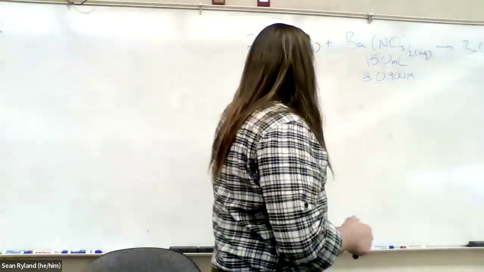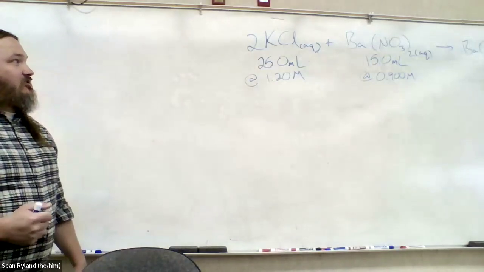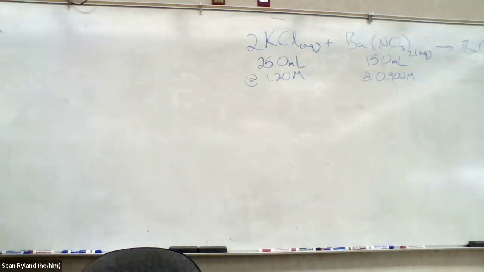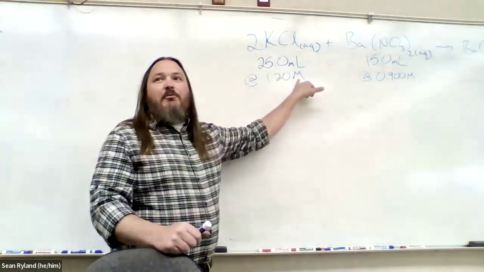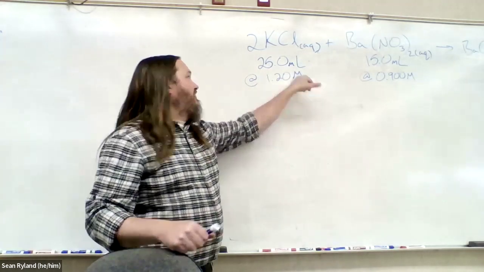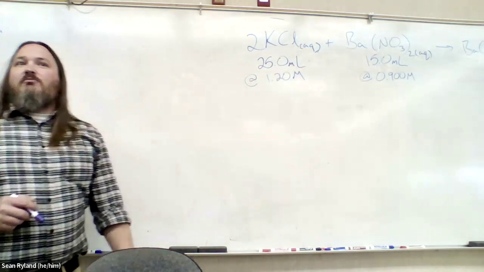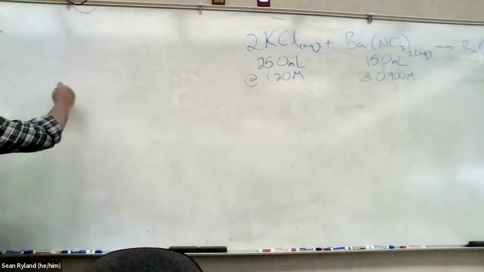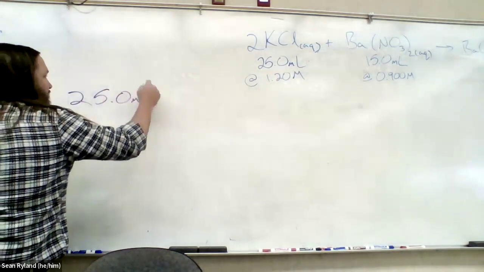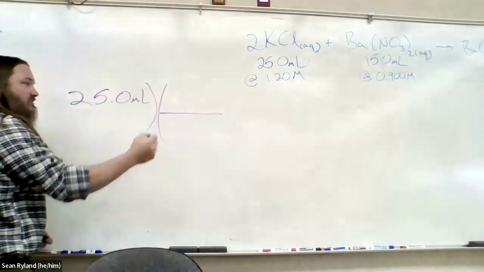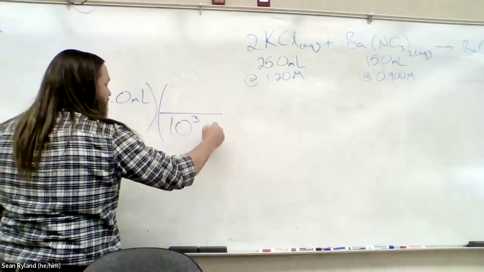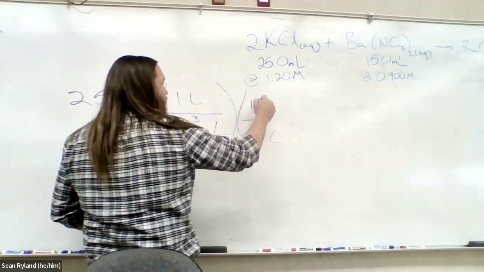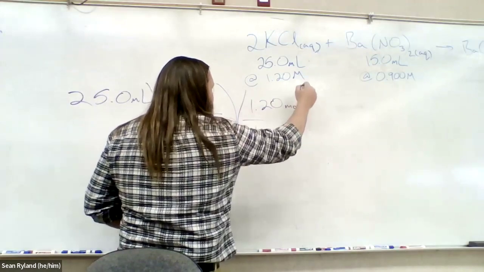So if we're going to put these into moles, they're both solutions with concentrations. How do we do that? Zach? So capital M is moles per liter, right? So if we take our milliliters, put it in liters, then we can use moles per liter as a conversion. So 25 milliliters, and you can combine this step because if we wrote it all the way out, it'd be 1,000 milliliters is 1 liter, and then 1 liter is 1.20 moles.